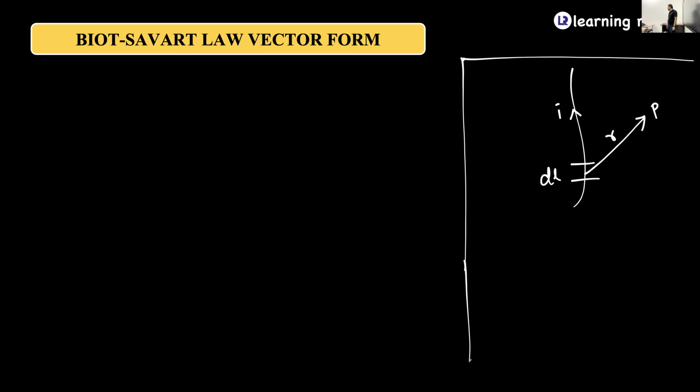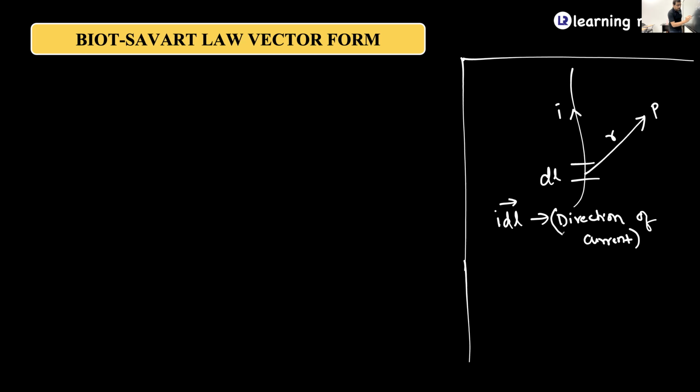You will write it as I dl vector, where the direction of I dl vector is going to be the direction of current itself.